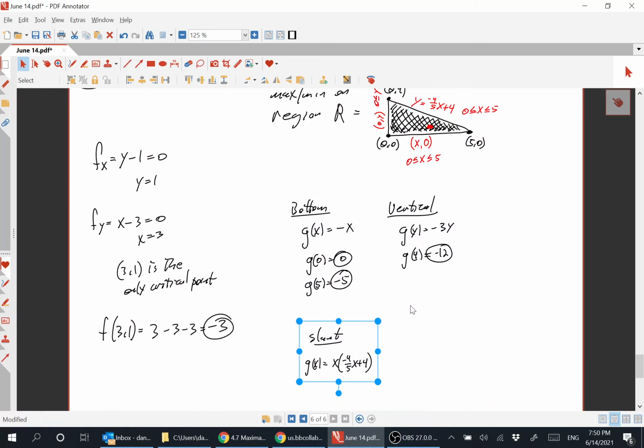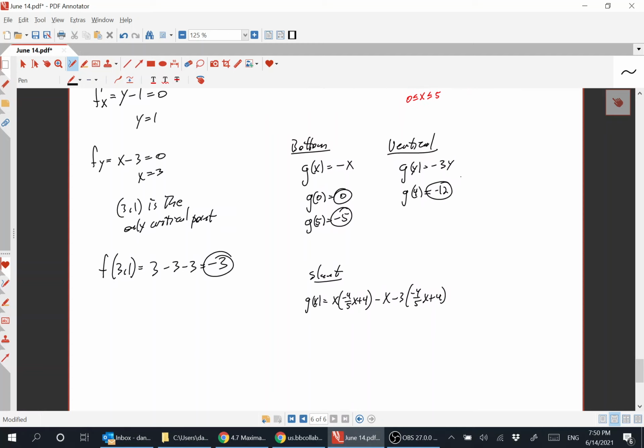So 3y is minus 12/5 x... so 3y is minus 4/5 x plus 4, times 3. All right, so this one's a little bit more entertaining. So minus 4/5 x squared plus 4x minus x plus 12/5 x minus 12.